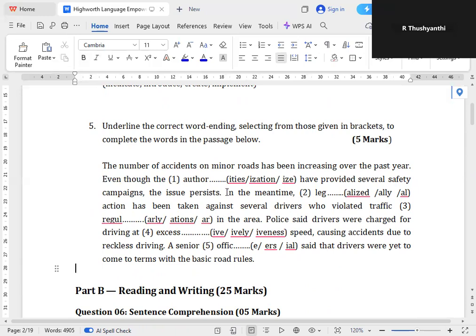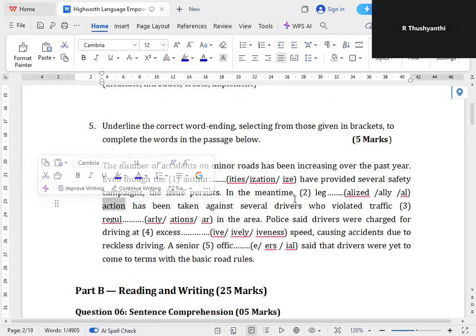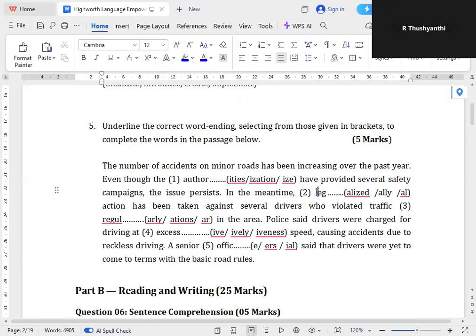In the meantime, the same time, legalize, legally, legal. So the next word is action. Action is a noun, so the word that comes before the noun should be an adjective. Legalize is a verb. Legally is an adverb.